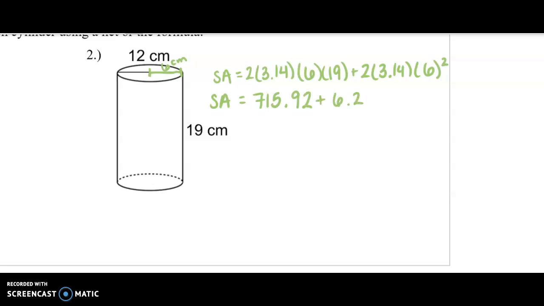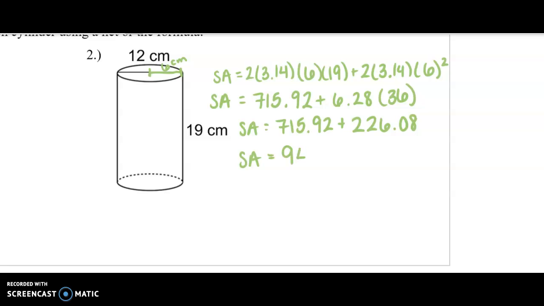Add to that 6.28 times 36. So 715.92 plus 226.08. Add those two together, and we would get 942 centimeters squared for our surface area.